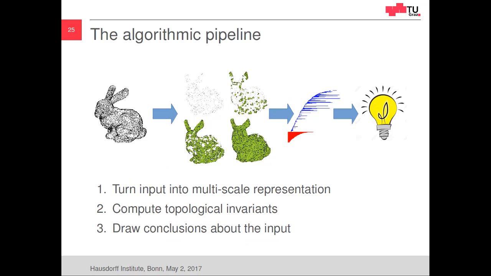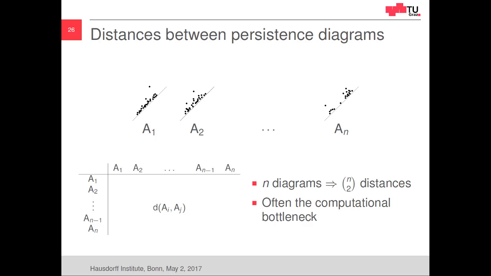Good. So this was step number 2. Now we have our barcodes, or now I assume we have persistence diagrams, and we want to compare them. Here's a slide that I had up last Friday already. So imagine you have n persistence diagrams, and they correspond to n shapes. And now maybe you want to classify your shapes according to the diagrams.